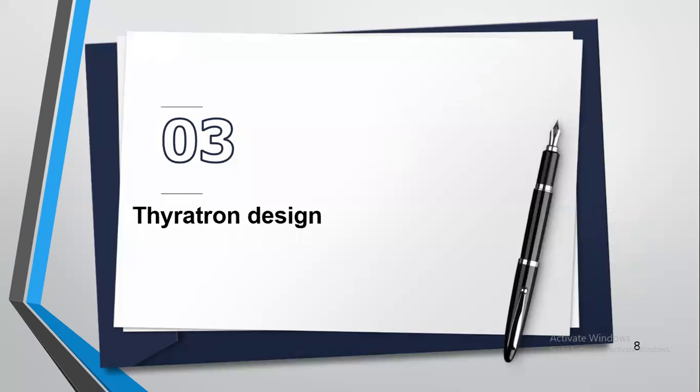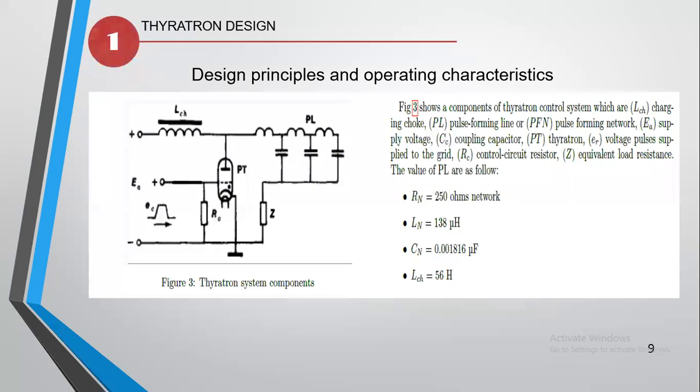The third part, Thyratron design. Before the Thyratron design itself, we have to know the circuit we are going to put the Thyratron in. The first one is the Thyratron itself, and there is the control grid. Here the control grid will be controlled by triggered voltage pulses to control the Thyratron.